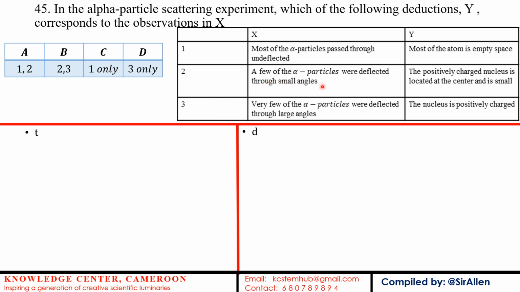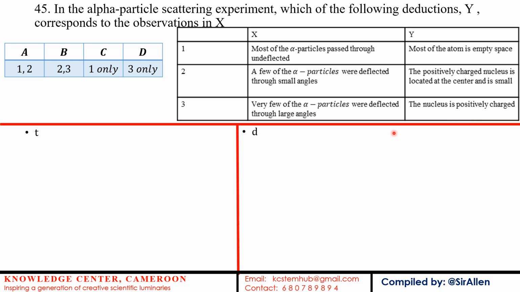Statement 2, a few of the alpha particles were deflected through small angles. The positively charged nucleus is located at the center and is small. Well, that's off, right? So statement 3 says very few of the alpha particles were deflected through large angles. Correct. The nucleus is positively charged. No, the nucleus is very dense. That's the correct deduction from that.